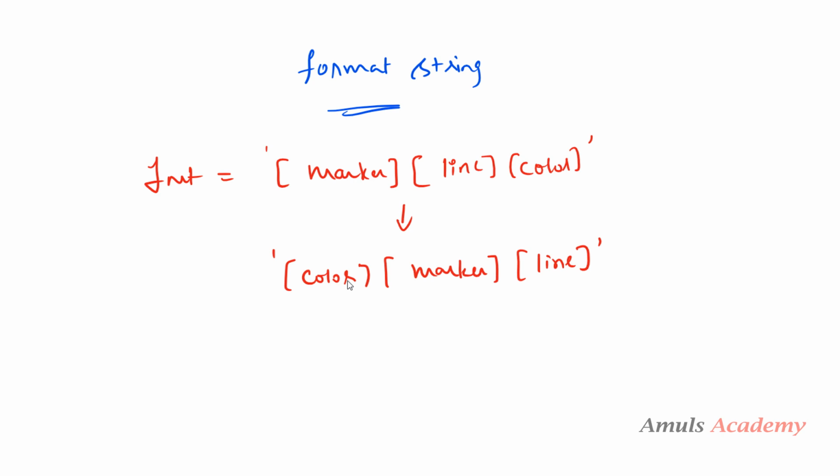In the style cycle, the default color is blue. There is no marker in the default value, and the line is a solid line style. This is the first value. If I draw another line in the same plot, that is, if we are drawing multiple data in a single plot, the next color will be orange, there is no marker and the line style is the same.